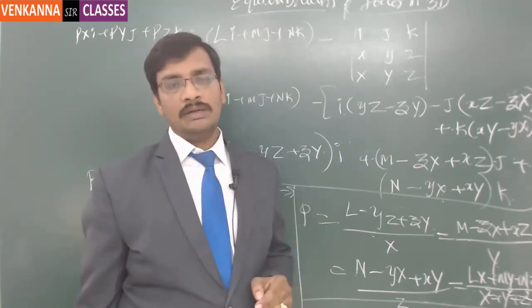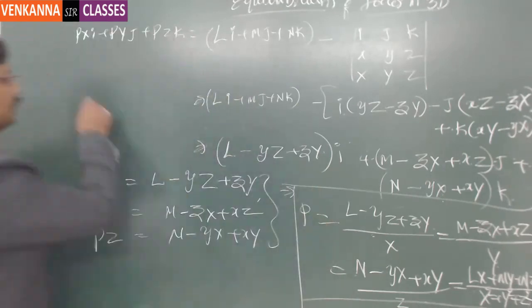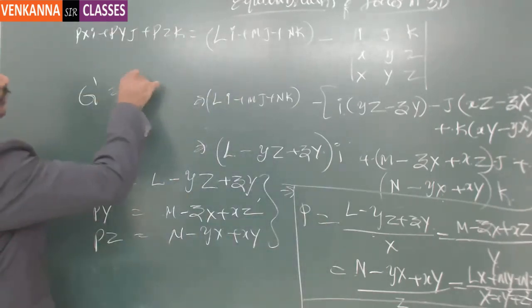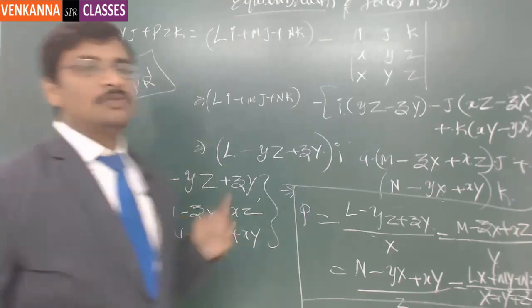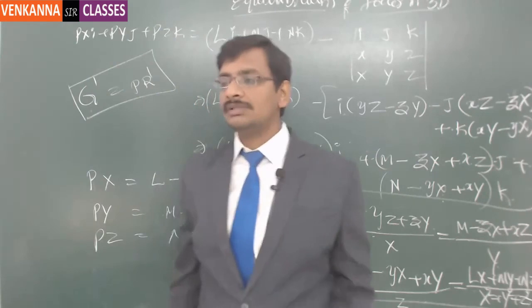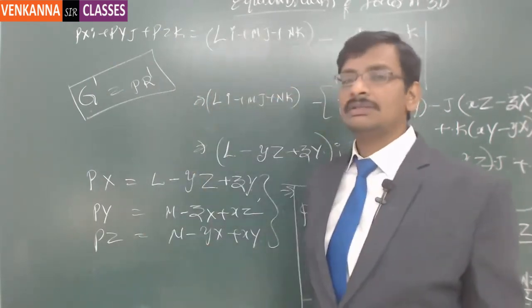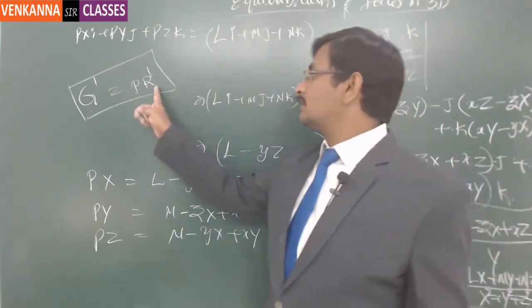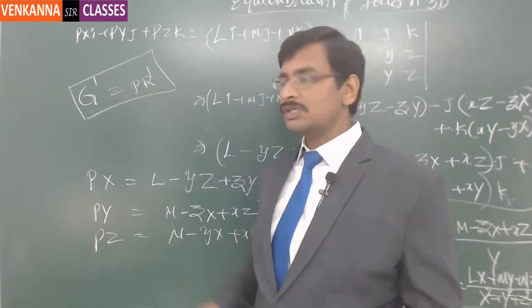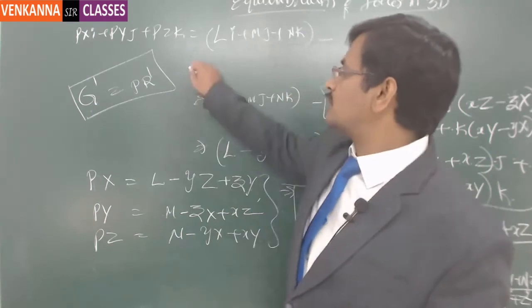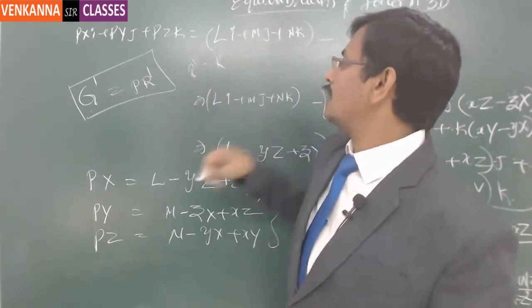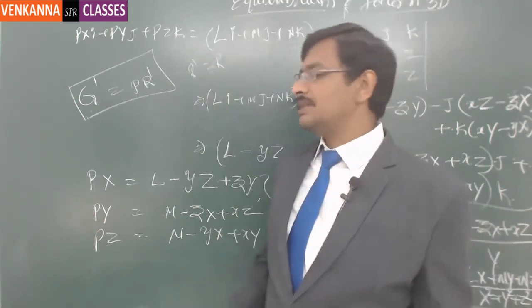Keeping that in mind, we have identified the relation in case of a wrench: G dash is equal to P times R dash, where G dash is the moment of the forces when the base point is on the central axis, and R dash is the equivalent force of all the forces together when the base point is on the central axis. So irrespective of the base point, R dash is equal to R. Hence we have used this relation.